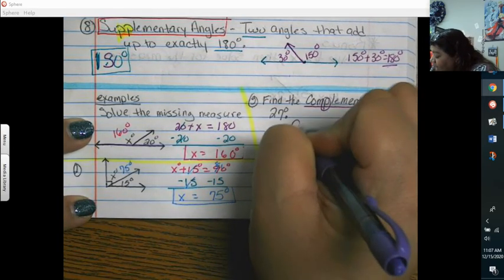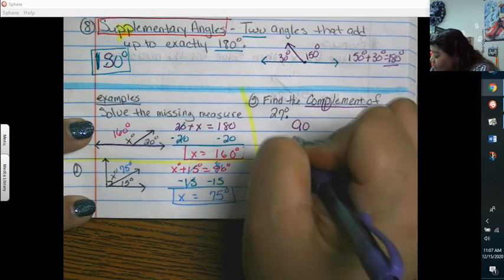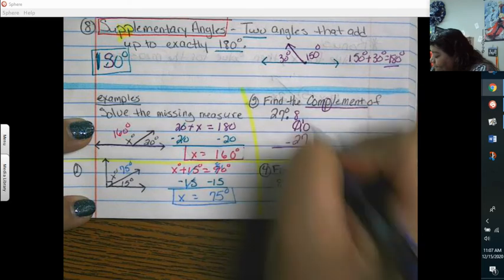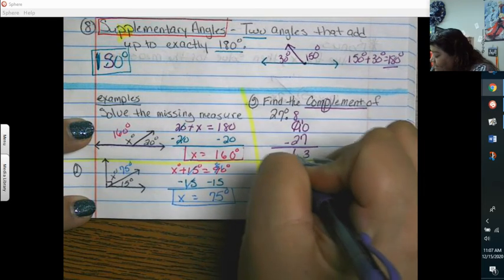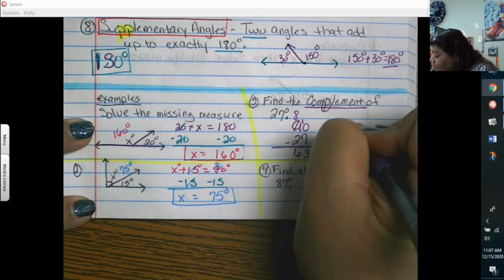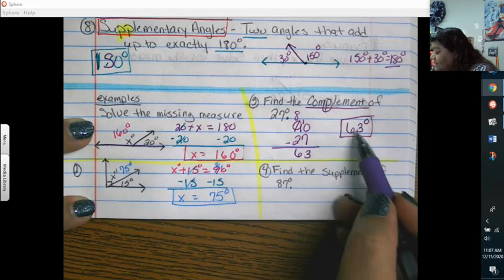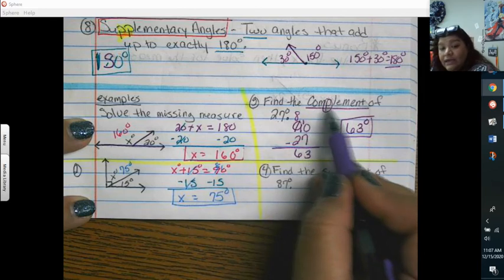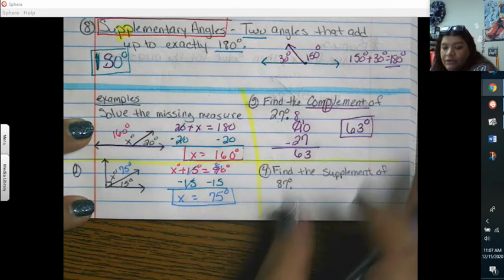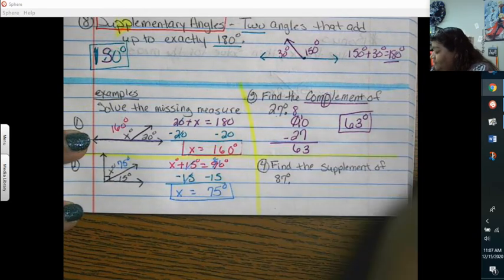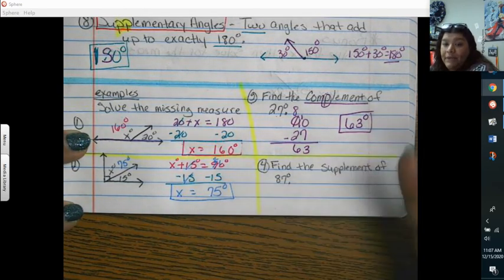Well, I know I need to do 90 minus 27 is 63. So the complement of 27 is 63 degrees. And I can check, if I add 63 and 27, I do get 90 degrees, which is the definition of complementary angles.